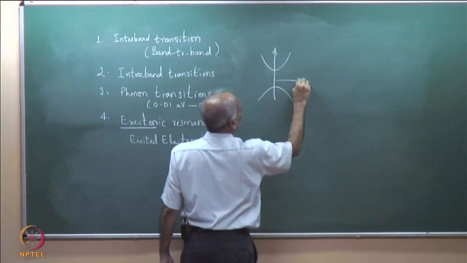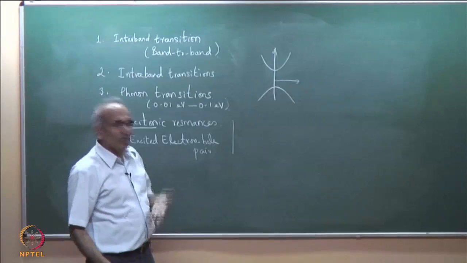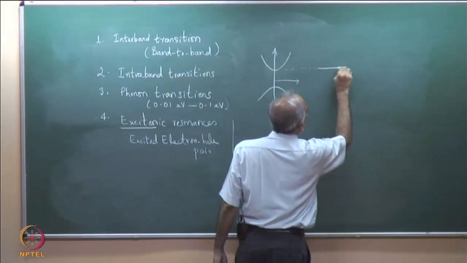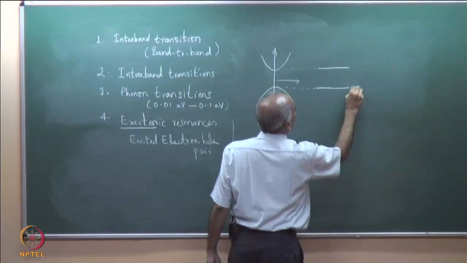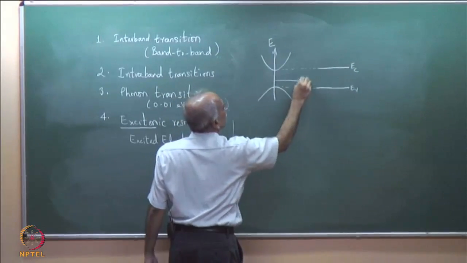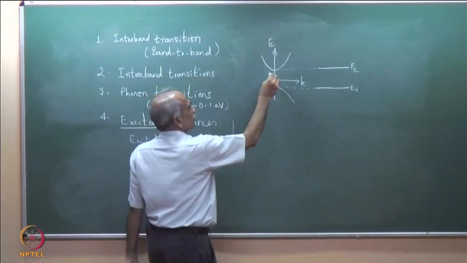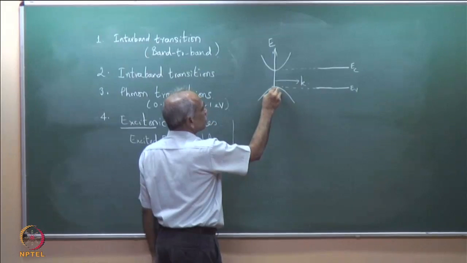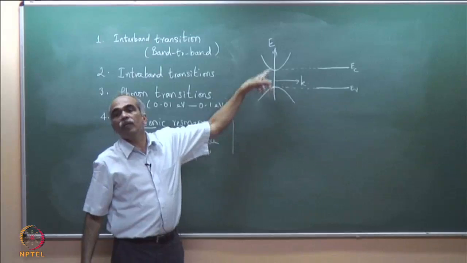I write the EK diagram, erase it, explain something and erase it. Again you need the EK diagram. So many times you need to draw the EK diagram. This is our traditional band diagram. An electron which is sitting at the bottom here, or a hole which is sitting at the top of this band, are low energy states, very low energy states.